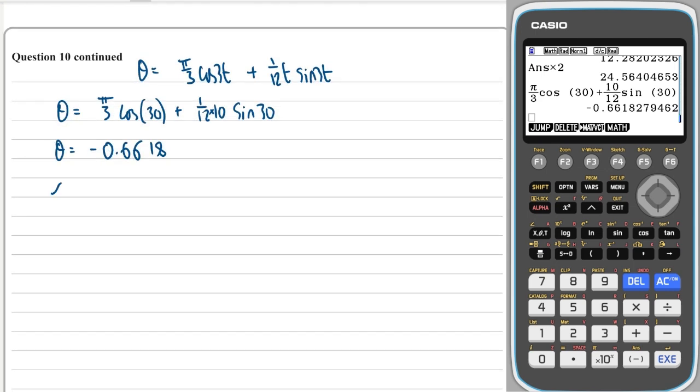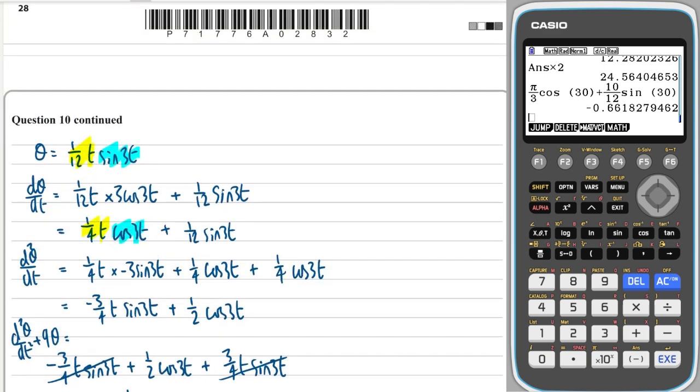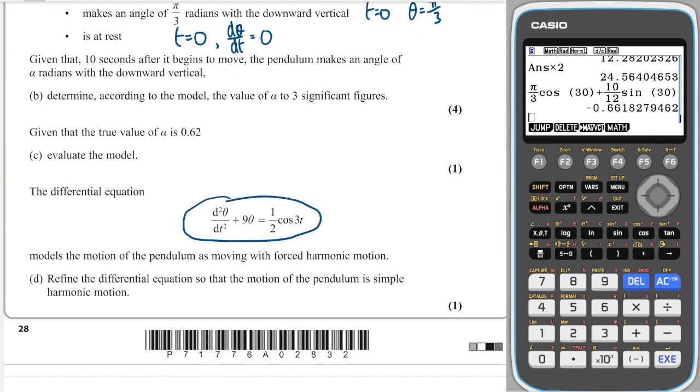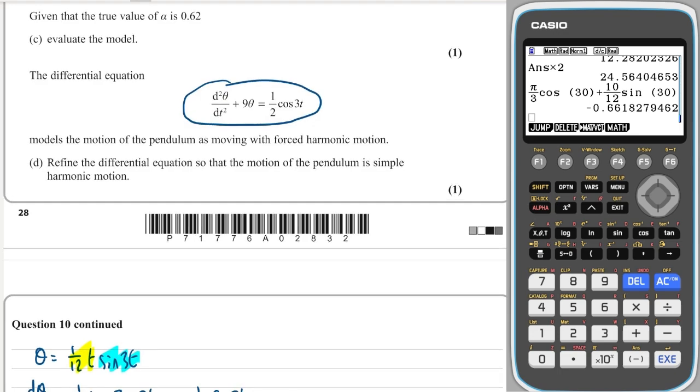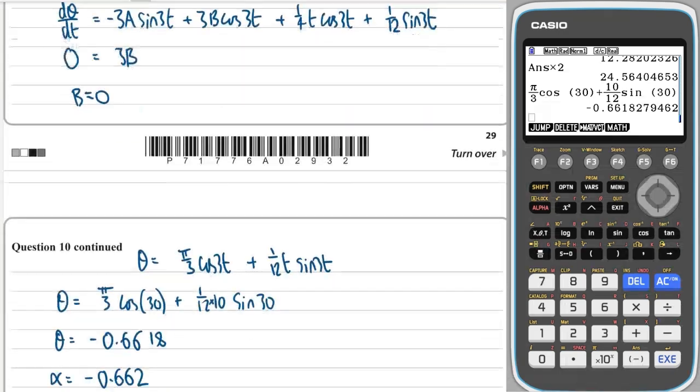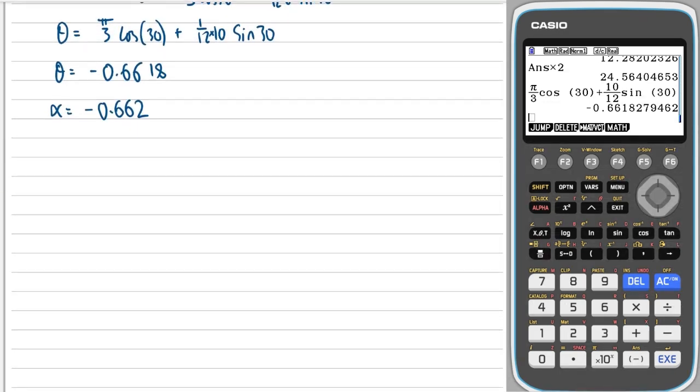Okay, so we'll go with alpha is equal to minus 0.662. And the final part of the question says, given that the true value of alpha is equal to 0.62, evaluate the model. Okay, well that seems to me like a pretty good model. It's pretty close to that.